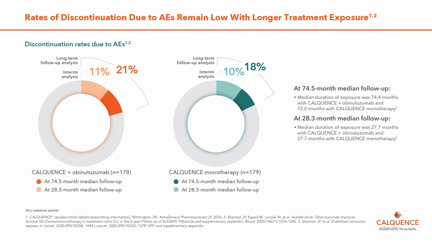Treatment was ongoing in 54% of patients in the CALQUENCE plus obinutuzumab arm and 47% of patients in the CALQUENCE monotherapy arm at the time of the data cutoff of March 3, 2023. In my view, these low discontinuation rates are encouraging. Tolerability is important for treatment, and I'm able to help support my patients with monitoring and management of adverse events.